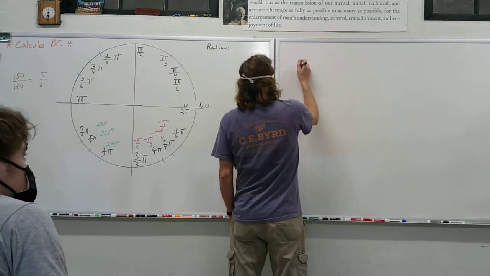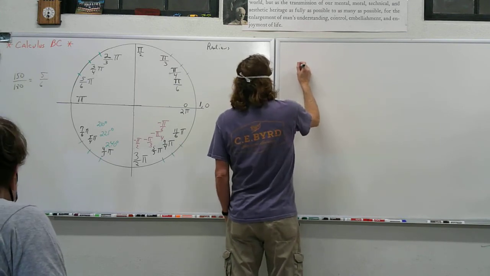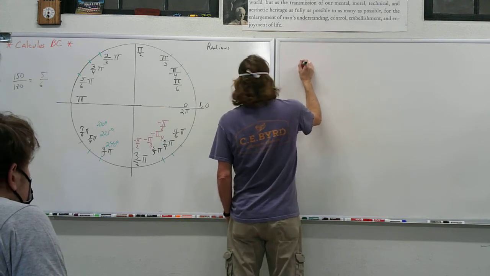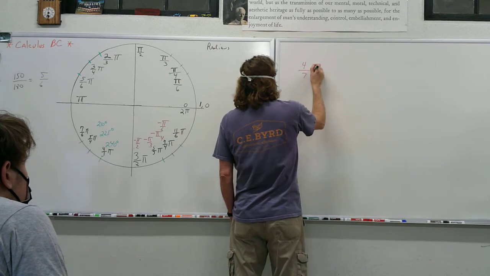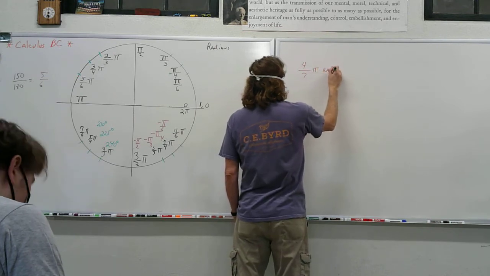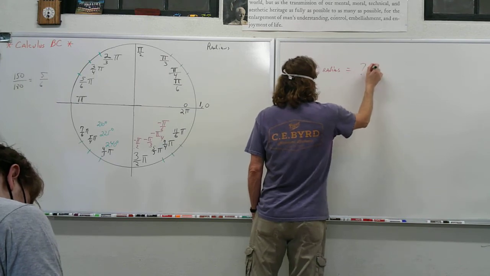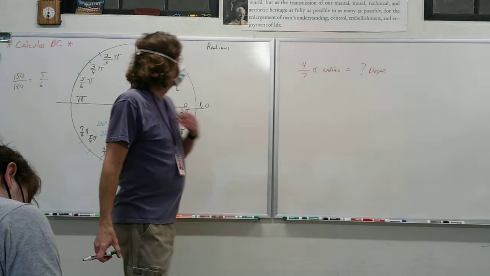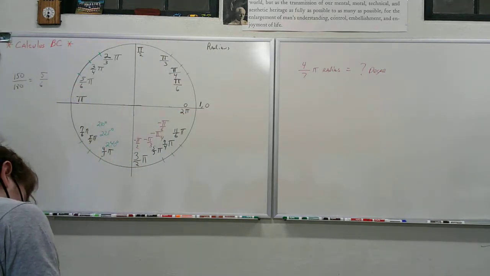I have 4/7 pi radians, and I want to figure out what that equals in degrees. Okay? All right? You got 4/7 pi radians, and I want to figure out what that's going to be in degrees.